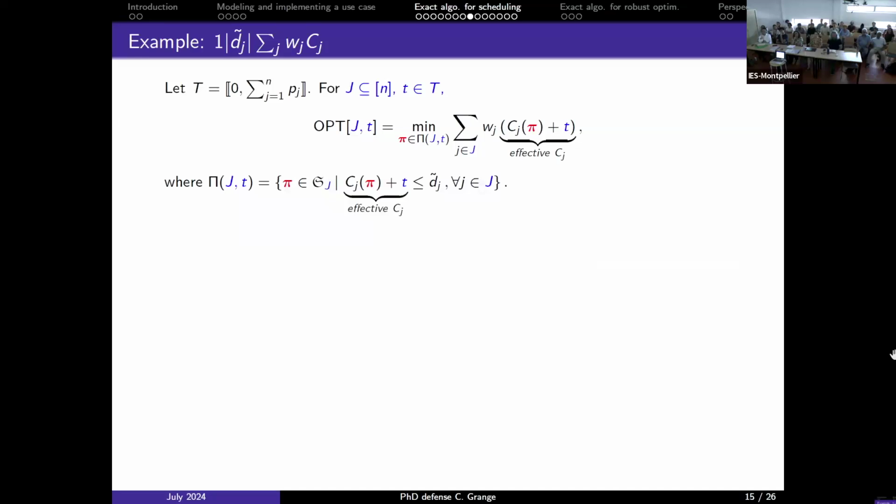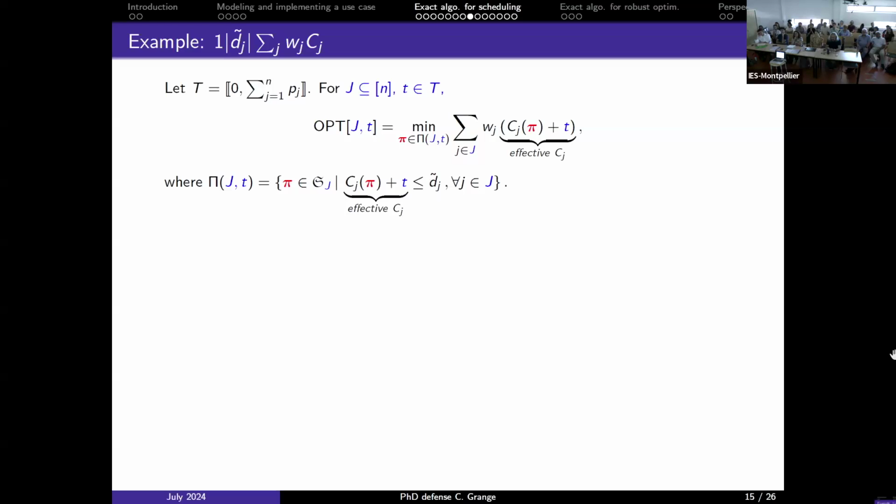So because we need to define the recurrence on which we will solve this problem, we introduce the set of starting times T equal to the set of integers between 0 and the sum of the processing times, the total sum of the processing times. And we define for each J and T, opt of J and T equal to minimizing the weighted sum of the completion times.